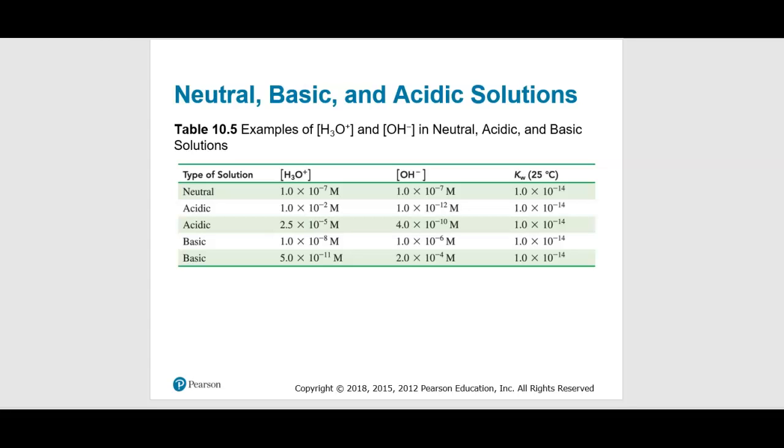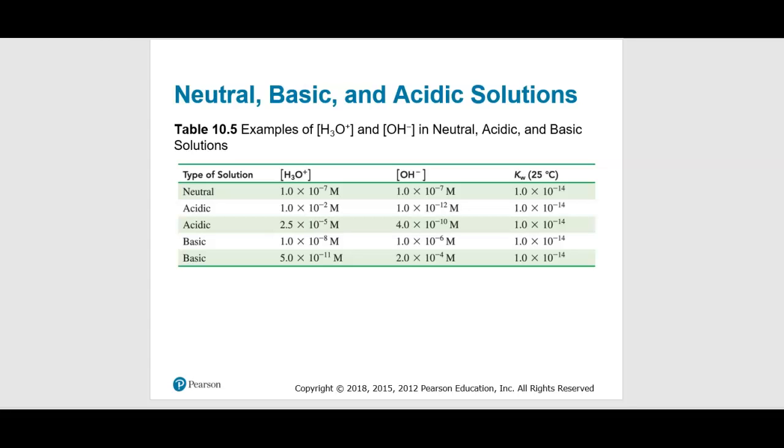And if you look at the hydroxide, where you've got 1 times 10 to the minus 7 going to the acidic solution, 1 times 10 to the minus 12, that's much, much less hydroxide. And you're always going to see that K sub W is still going to be equal to 1 times 10 to the minus 14th.